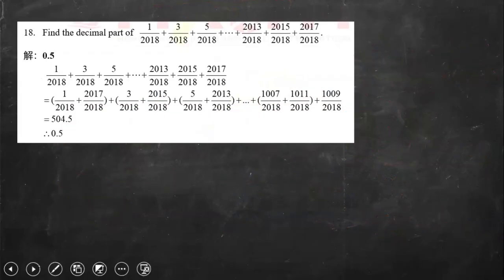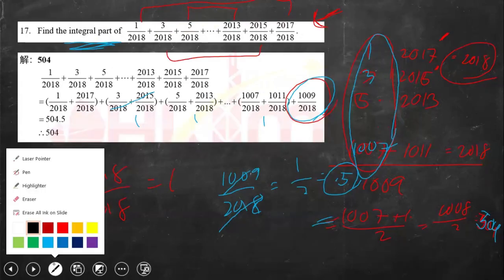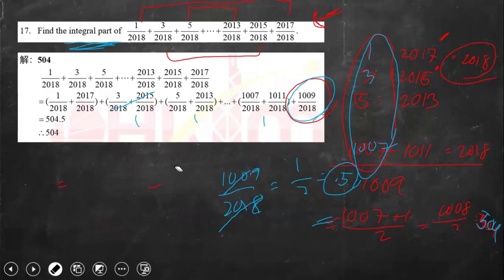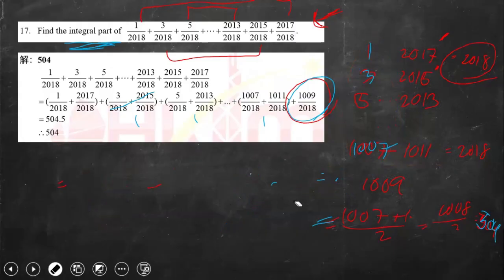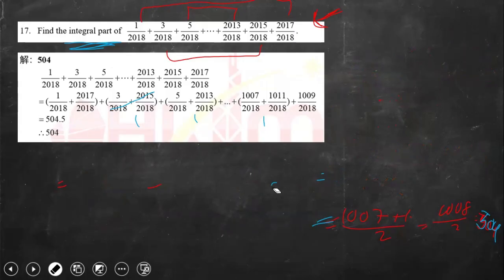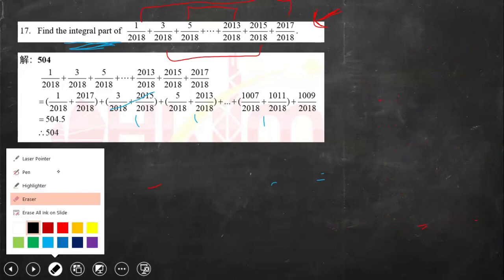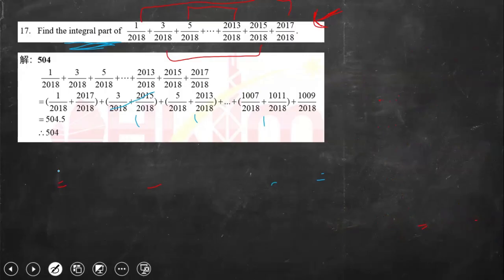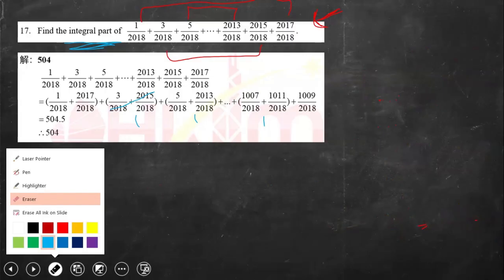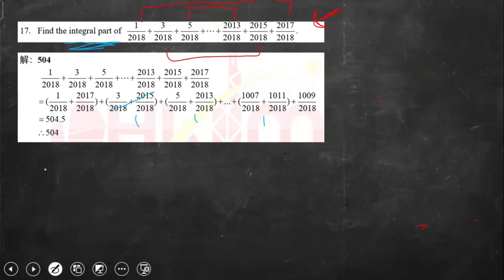Oh, what a bonus. If you can't spot it, you have to notice that they add up to 2018. But if you can't, there's also another way to answer the expression. We can also factor out 2018 like this, which, as you can see, they all have the same denominator.